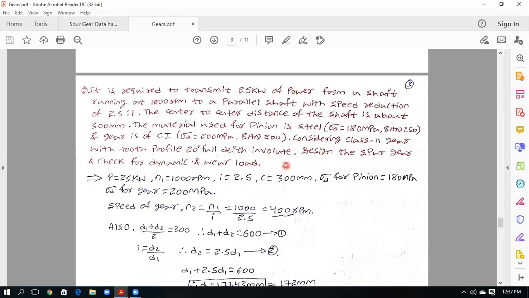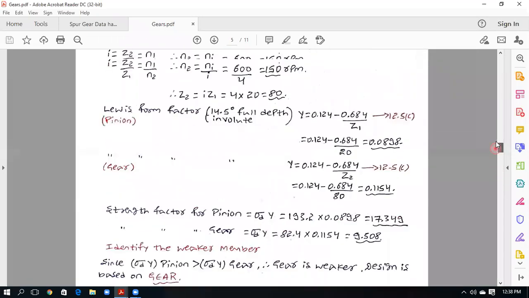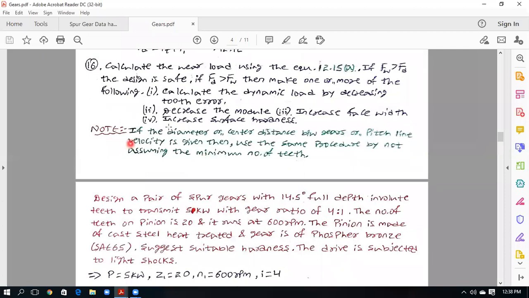While giving the procedure, I told you that when the center distance is given, there is no need of assuming the number of teeth on the pinion as well as on the gear. You can see that once again here: if the diameter or center distance between the gears or the pitch line velocity is given, use the same procedure by not assuming the minimum number of teeth.